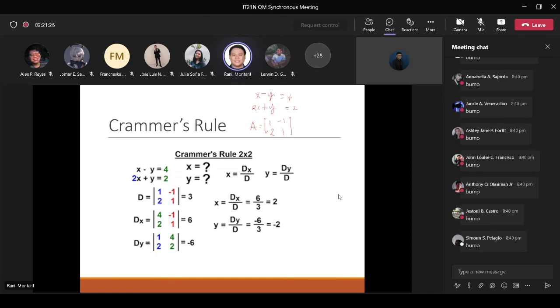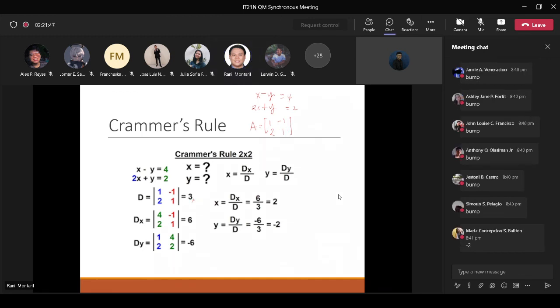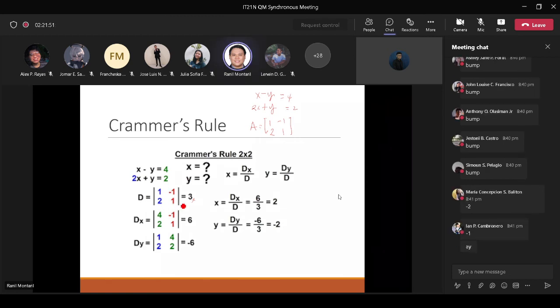Agree, guys? So basically, we're going to get the determinants of this coefficient matrix. So what is the result? That's 1 times 1 minus 2 times negative 1. The answer should be 3. Agree? Tama ba? 1 times 1 is 1. 1 minus negative 2, diba? 1 minus negative 2 is 3.